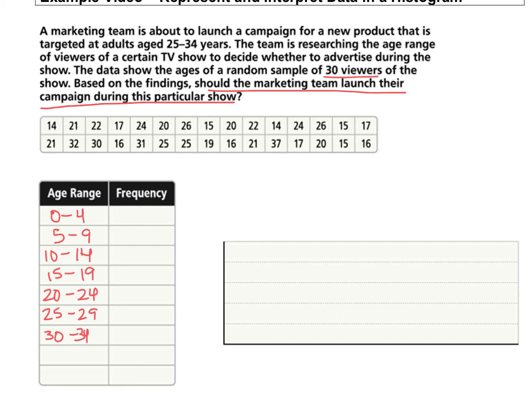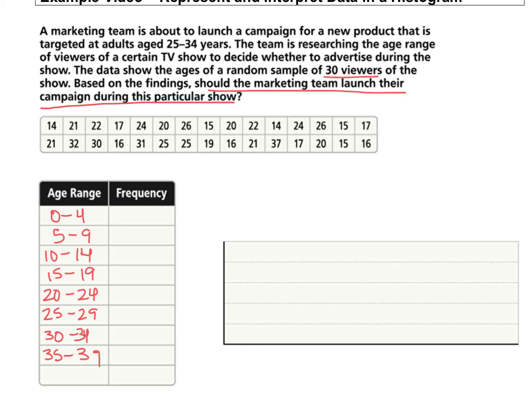What you might do is take a look at the data and see, what's the oldest person? How many age ranges do we need? I see a 32 here. Oh, we see a 37. So we have to make sure we get to an interval that includes that 37, which I think will be our next one: 35 to 39.